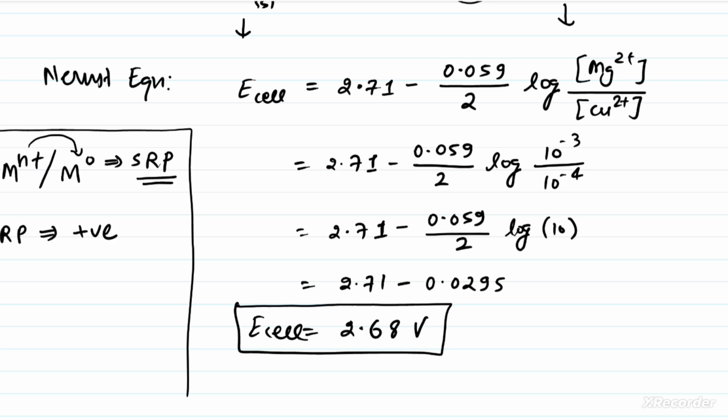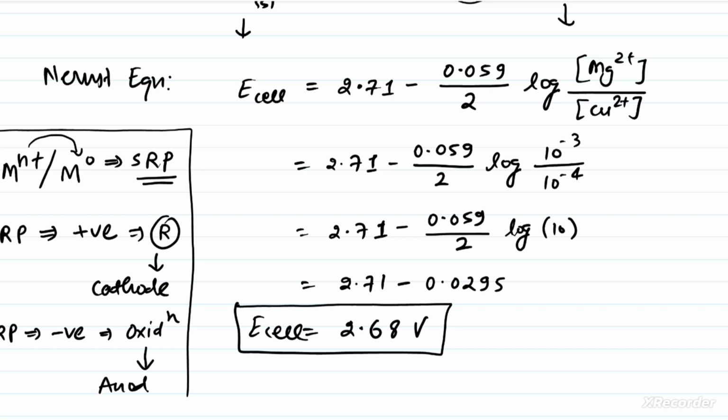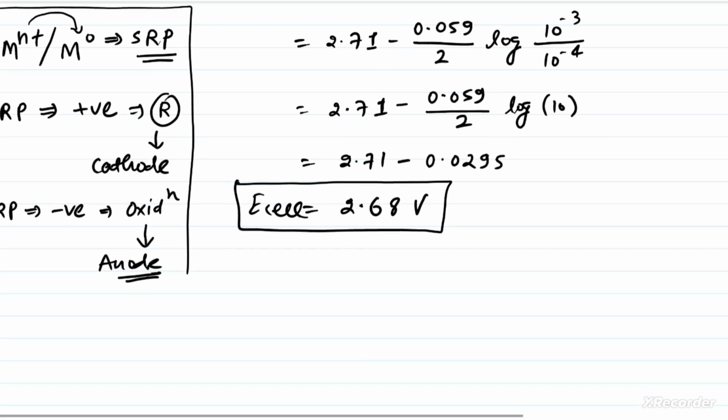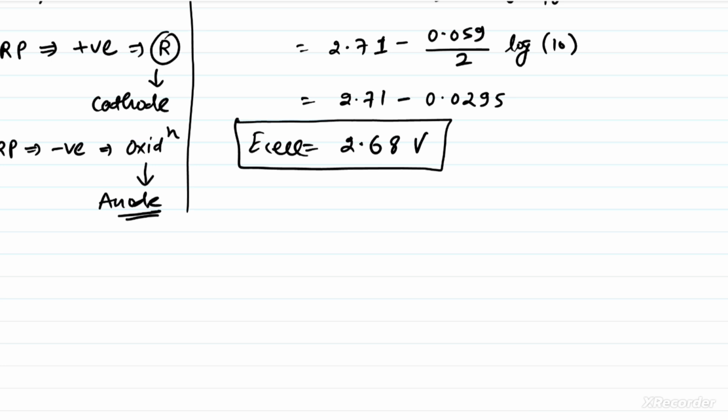So this is going to be on the right side, that means it is going to be the cathode. If the standard reduction potential is negative, that means less tendency to get reduced, that means it will undergo oxidation, and when it undergoes oxidation, that means it is an anode. So in this way, just by looking at the value of standard reduction potential, you can guess whether it is going to be on the right side or left side.